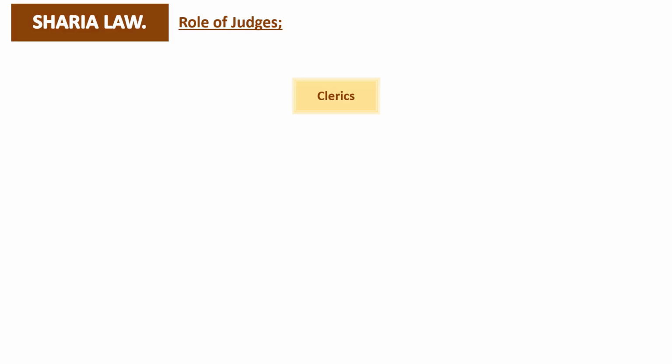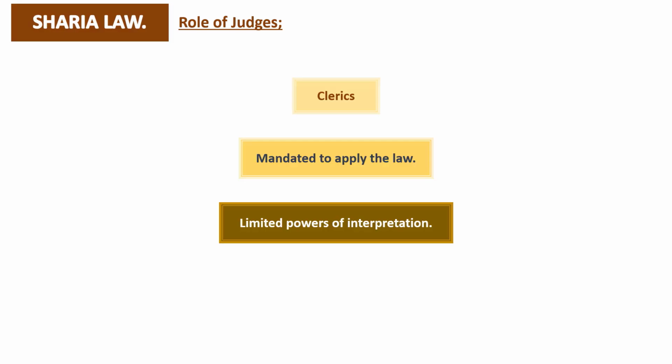They might not necessarily be teachers in the faith, but they must be subscribers to the religion. They are also expected to apply the law of the Sharia to the letter. Now, the extent to which they have leverage or discretion to apply it is limited. Everything must be subscribed to the holy book and the inspirations of the supreme being.